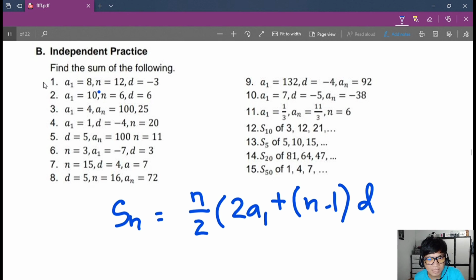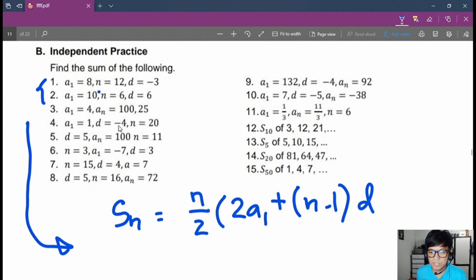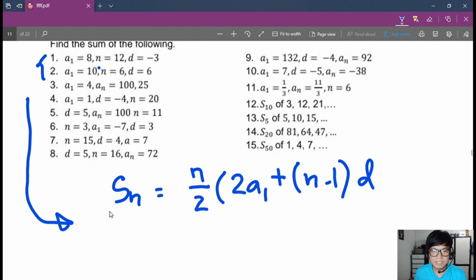Dito lang tayo mag-focus dito sa dalawa. So wala dito sa 1 and 2 wala yung last term. A sub 1 is our first term and number of terms and yung common difference. So ganun, i-substitute lang natin yung formula.